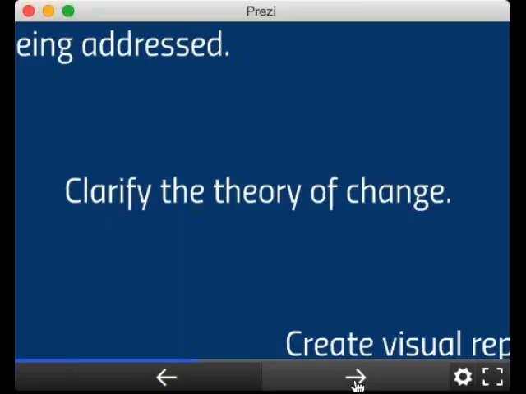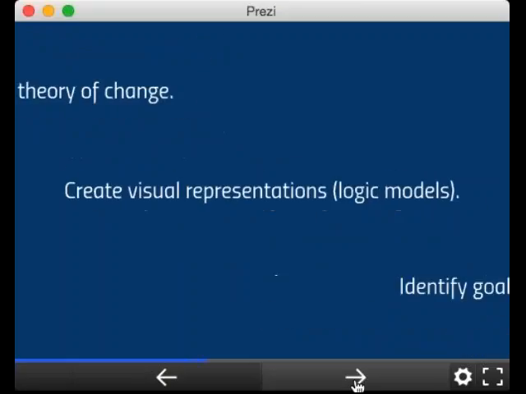Given this, it's really important to clearly delineate how every action you take as part of the program helps get you towards the change that you need to get to. We would also think it's a good idea next to create a visual representation of this. We refer to these as logic models.